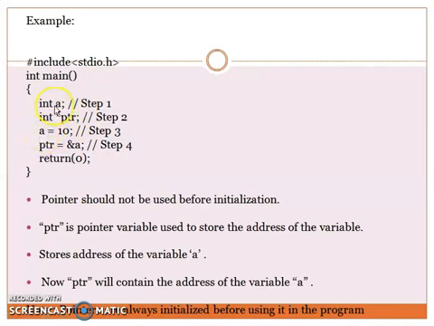Then the ordinary variable is assigned some value. Now we are going to initialize this pointer variable with the address of this ordinary variable. The address of the ordinary variable is assigned to that particular pointer variable. This assignment statement will assign an address value to this pointer variable.